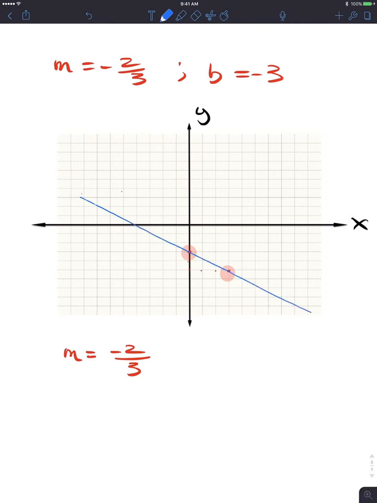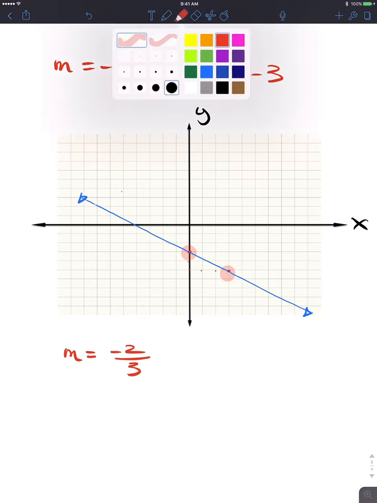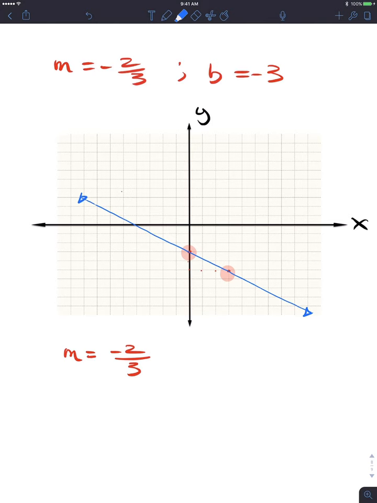Here's our solid line through the 2 points. Notice again our test point of 0, 0, or the origin, x is 0, y is 0, is still available.